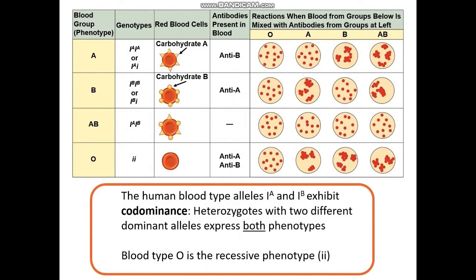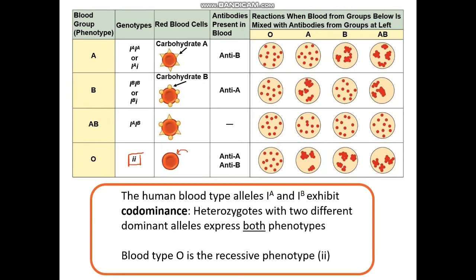Okay, so there's three different kinds of alleles you can have. If you have two copies of the recessive allele, that doesn't code for any of these blood antigens at all. So your red blood cells will have no antigens on the surface.